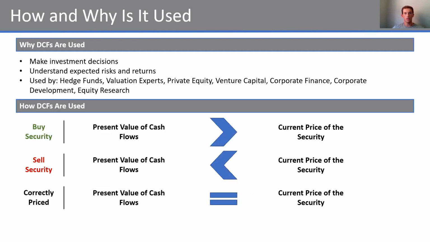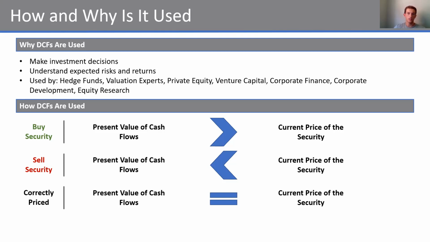And now we'll touch on how and why it's used. Starting with why it's used: it's used to make investment decisions. So whether to buy a stock or sell a stock, whether to take on a capital project or not, or whether to short a stock or something like that.